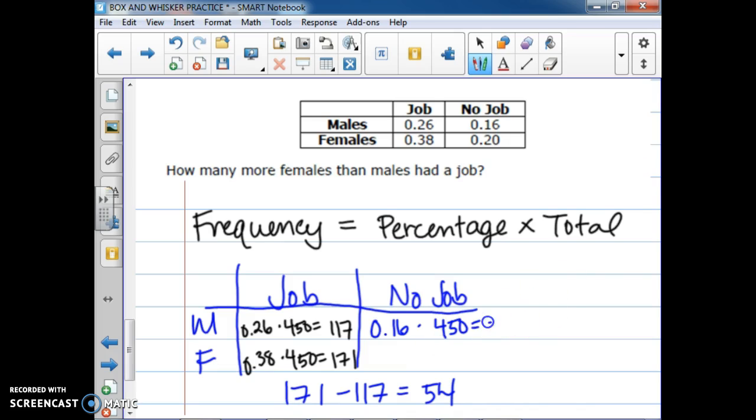And then the last one, 0.20 times 450 is going to give me 90. Okay, so there are 90 females without a job and 72 males without a job.